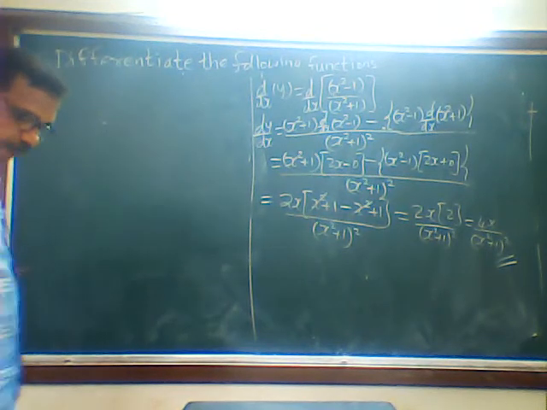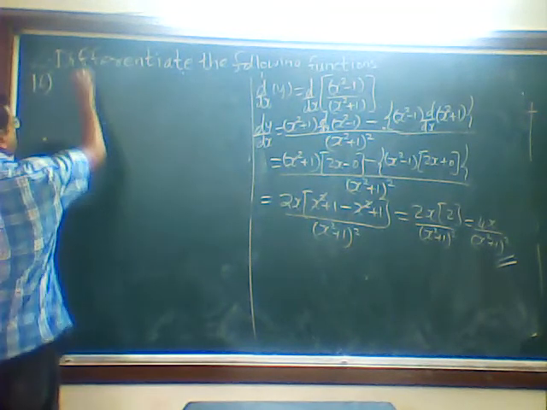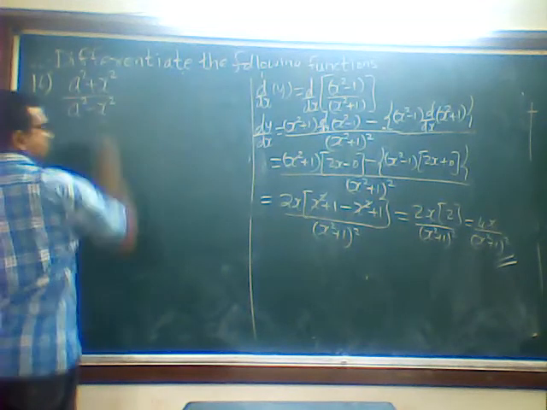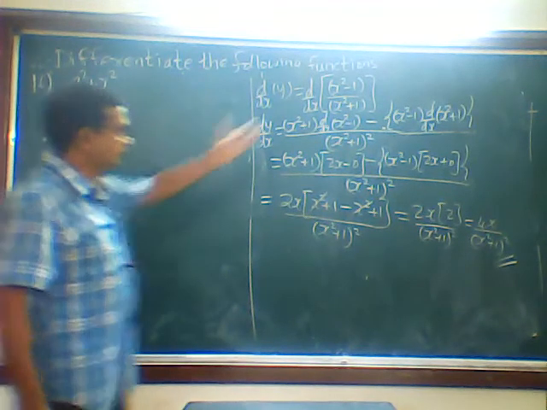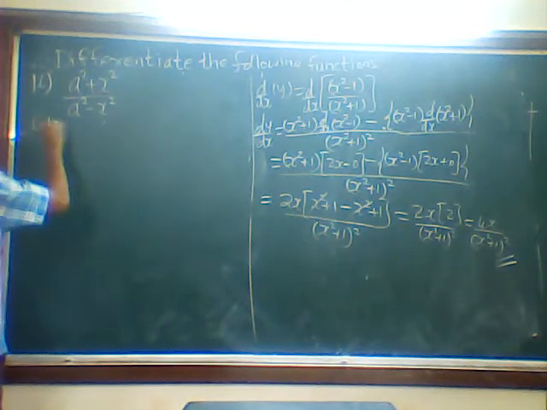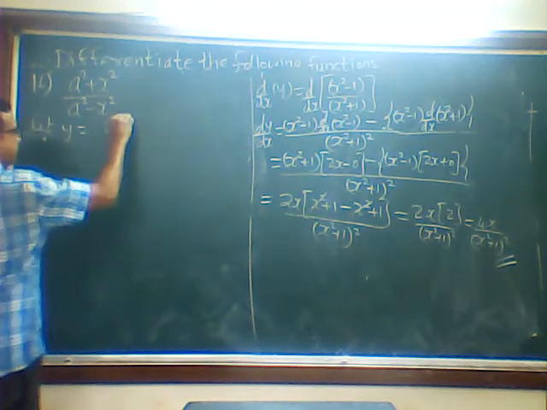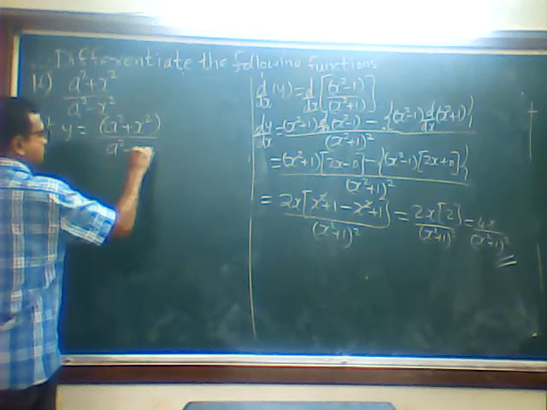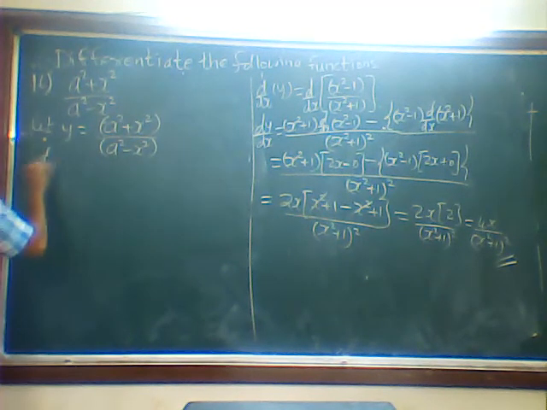Same way now, a square minus x square over a square plus x square. Okay, instead of 1, here a is written. Okay, so again what? Let y is equal to, while writing it, I will make it in a bracket. Then we will apply d by dx on both the sides.